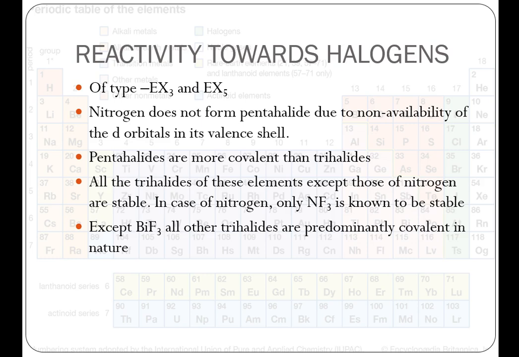All the trihalides of these elements except those of nitrogen are stable. In case of nitrogen, only NF3 is stable. Except BiF3, all other trihalides are predominantly covalent in nature.